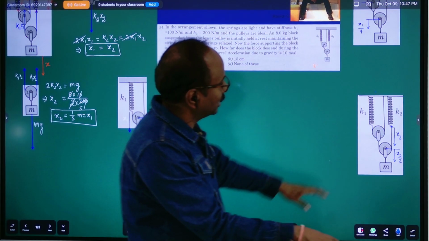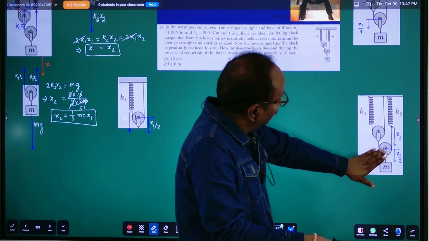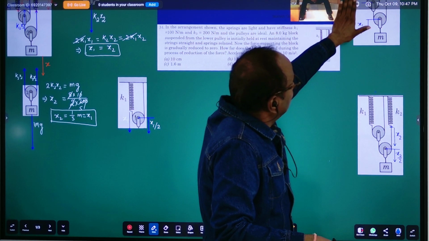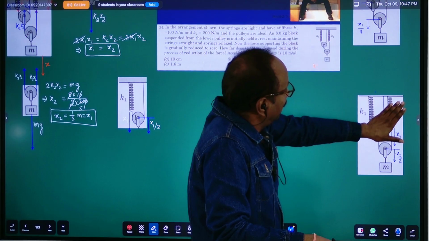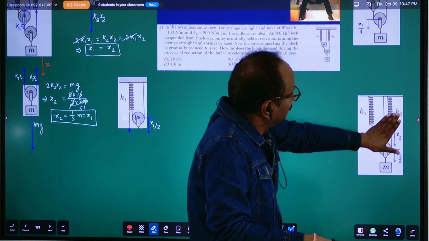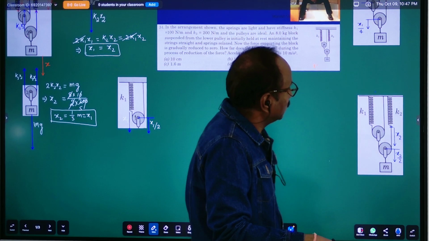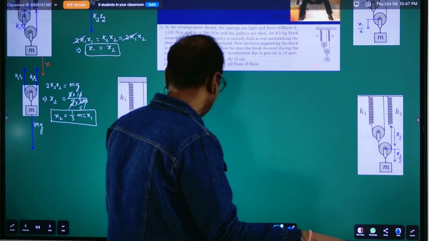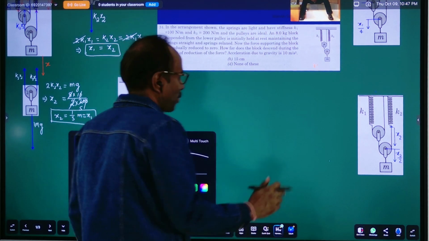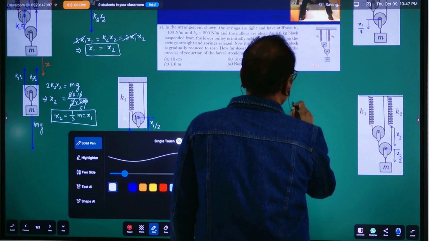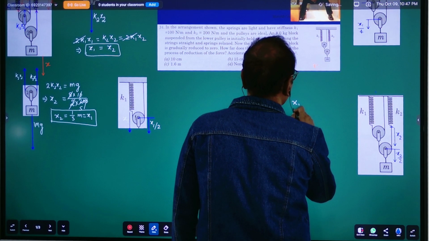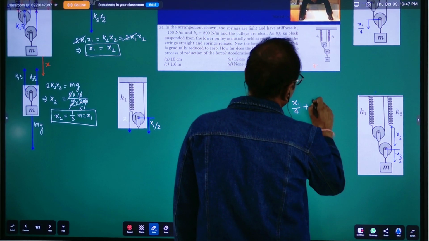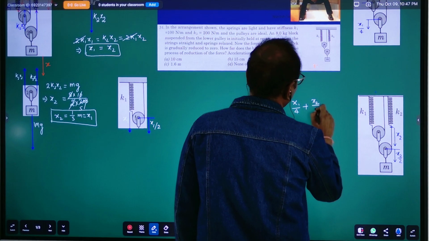So the total drop for these two cases, one considering spring number one and the second considering spring number two, the total drop of this pulley will be x1 by 4 plus x2 by 2.